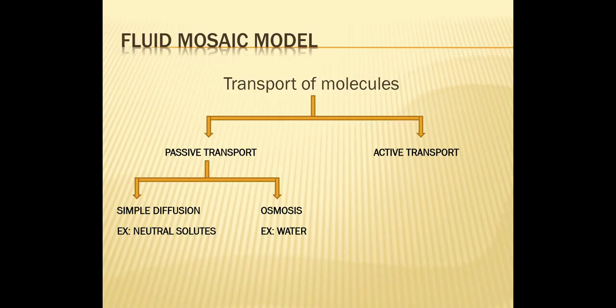Then second one is your active transport. During active transport, few ions or molecules are transported against concentration gradient. That means, if I say against concentration gradient, that means from lower concentration to higher concentration.